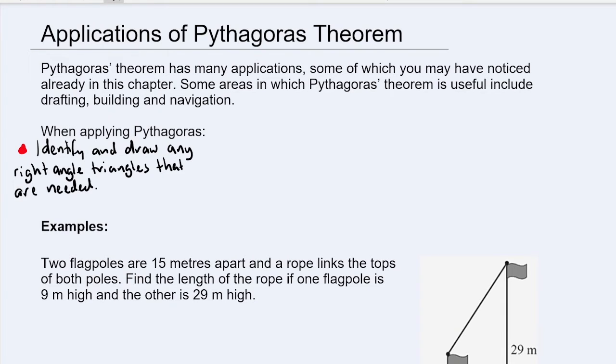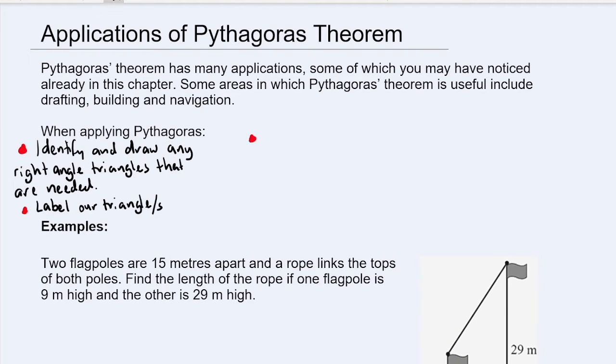So that's the first thing that we're going to do. Then we're going to label our triangle, or triangles, depending on how many we need. So there's the first two things that we need to do.